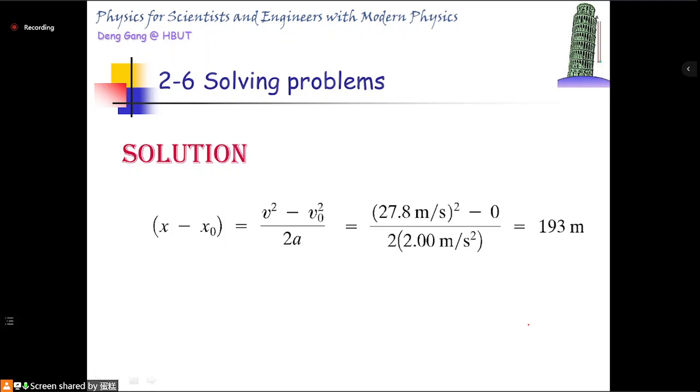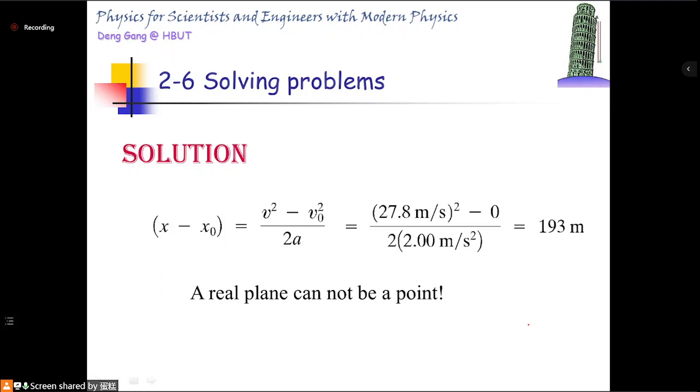It's correct that by calculation, that's the result. But remember, we get this result when we treat the plane as a point. Our model is a point. But a real plane cannot be a point, right?